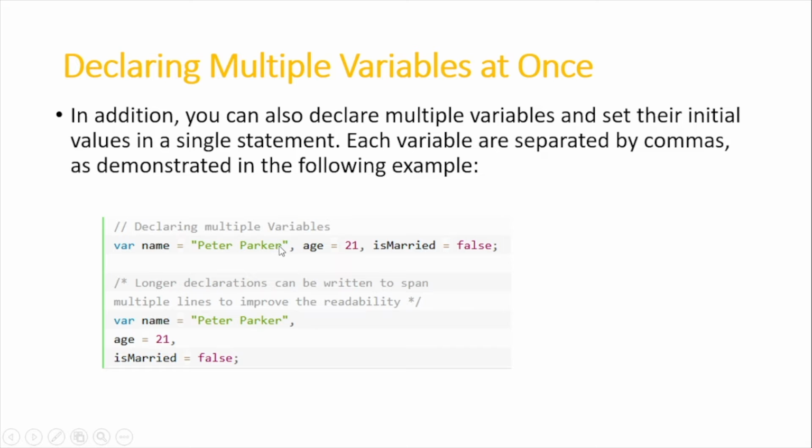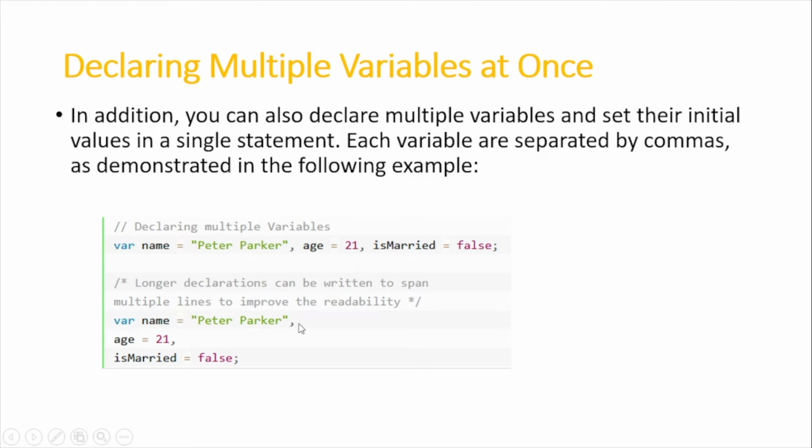So name, and then we didn't put any semicolon here, we just put a comma, and after that we declared another variable, age, and then again a comma, then we declared another variable, isMarried, and when we are finished, we added the semicolon to complete this statement. So this is how we do that.